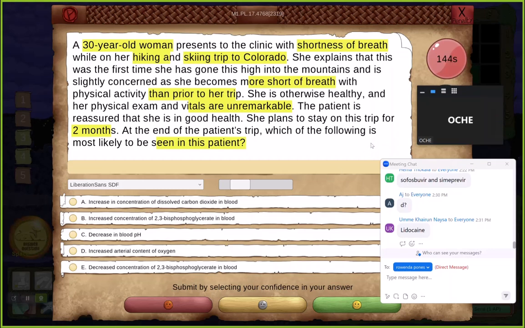Maybe we will have oxygen levels, which is going to drop. Right. So you can have decreased oxygen level as you ascend to more altitude.